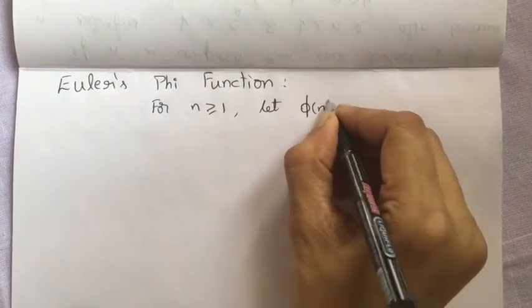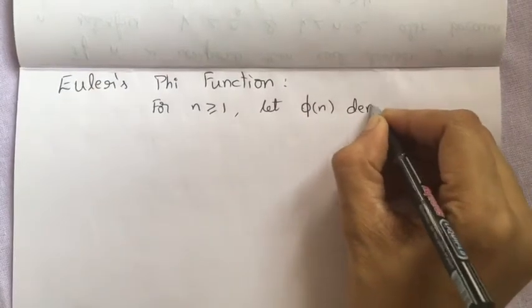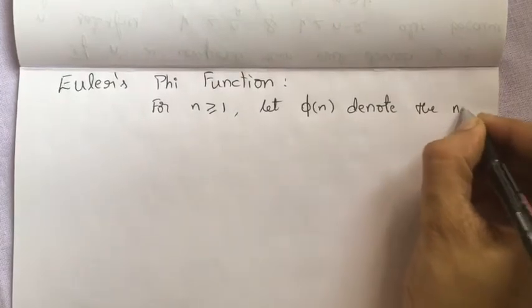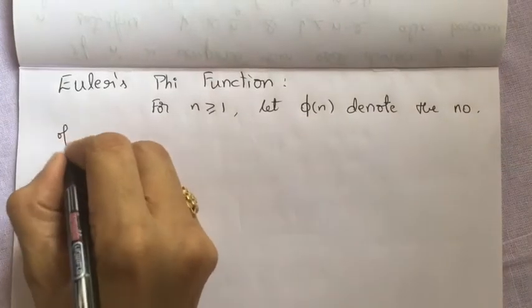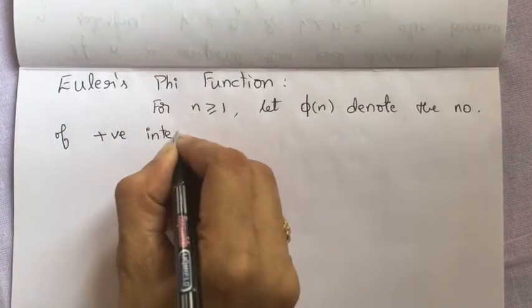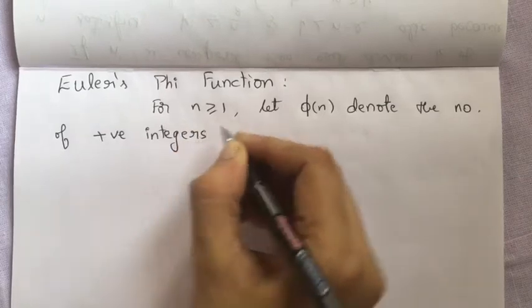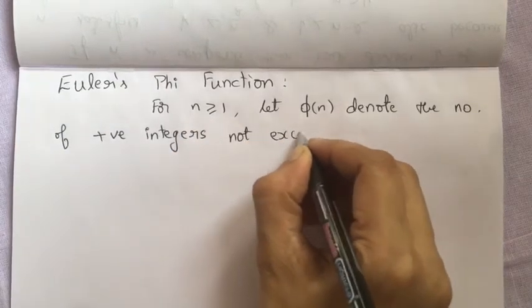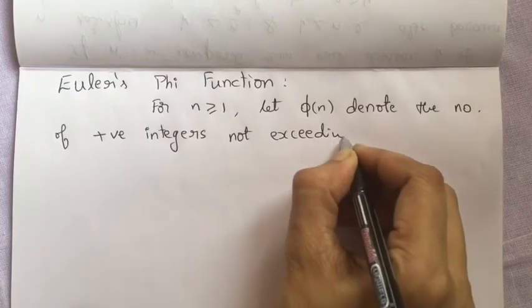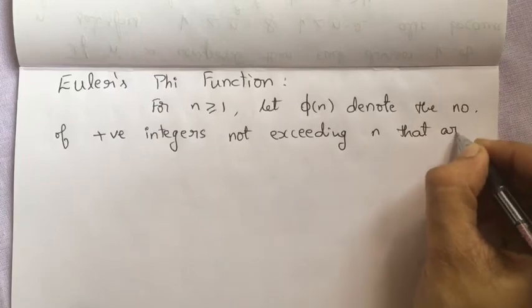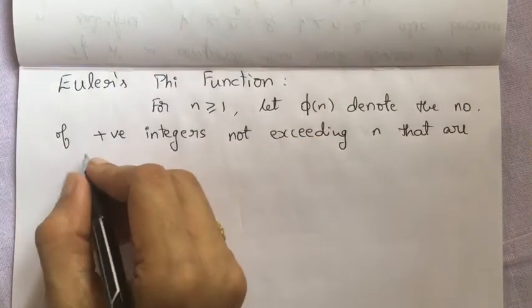Let phi of n denote the number of positive integers not exceeding n that are relatively prime to n.